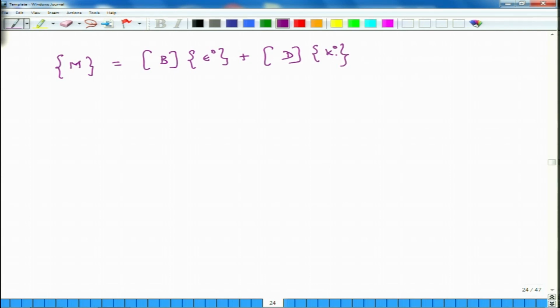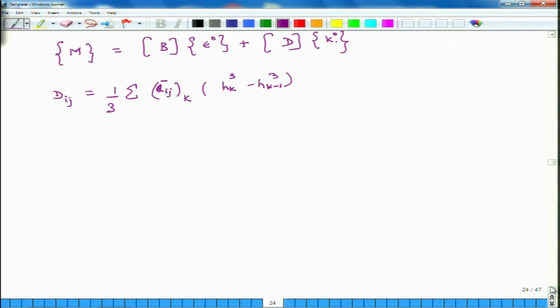And we have already defined the B matrix, so we will not do that again, but we will define that Dij is equal to summation of Qij for the kth layer times Hk cube minus Hk minus 1 cube into 1 by 3.